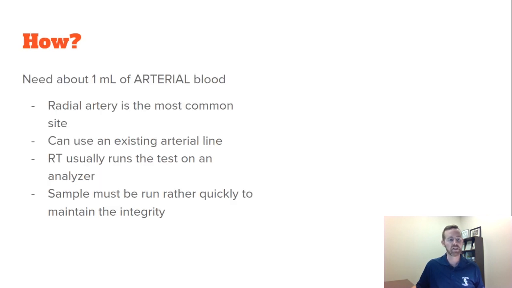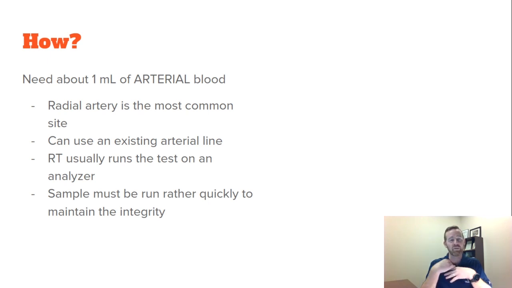Okay, so how do we do an ABG? What's the process? So we need about 1 ml of blood, and it has to be arterial blood, right? Because we're doing an arterial blood gas. Makes sense. Normally we use the radial artery, right? That's the easiest one to get to, but we can actually use any artery that we have access to.